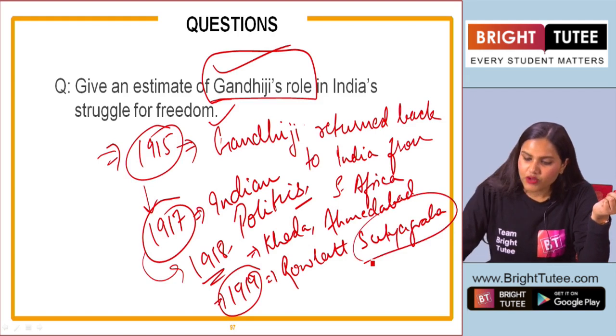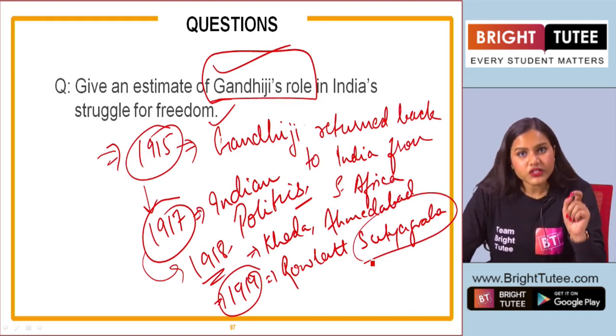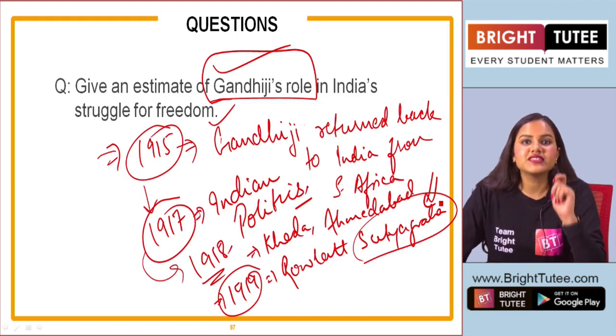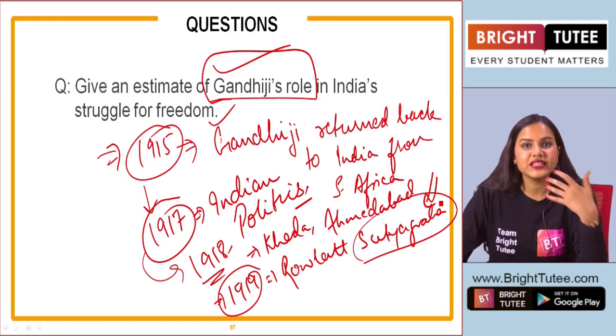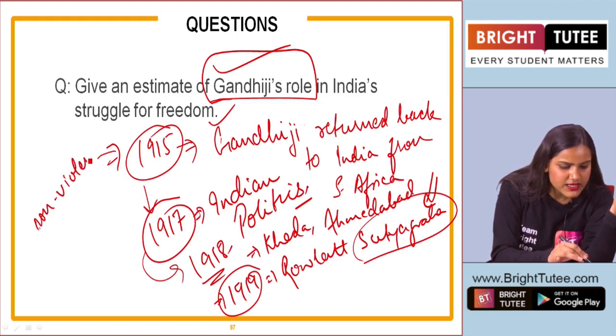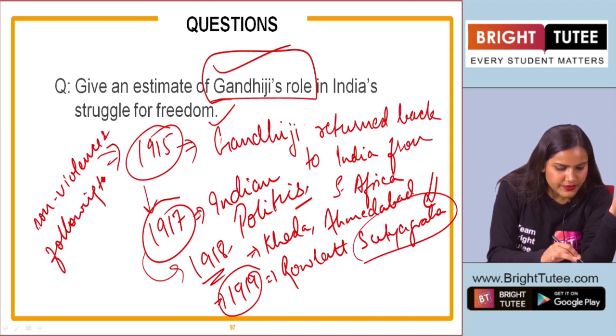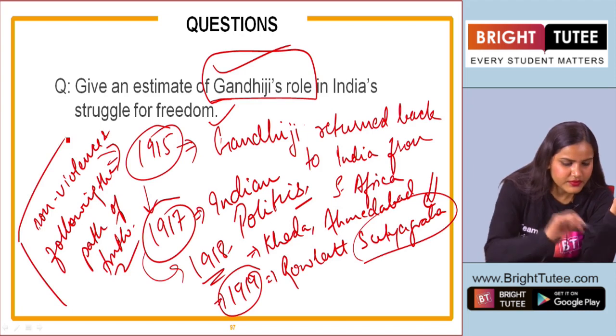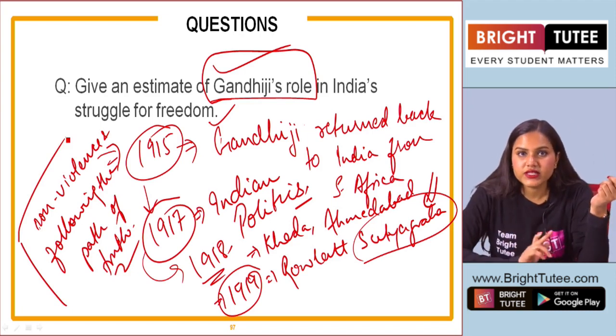When we are talking about Satyagraha, we should also talk about the emphasis Gandhiji laid on it, the practice that he followed in South Africa as well, and how he emphasized non-violence and following the path of truth. We have to emphasize these points as well.